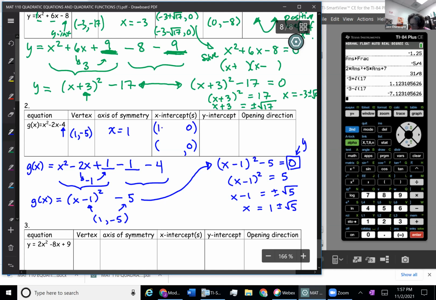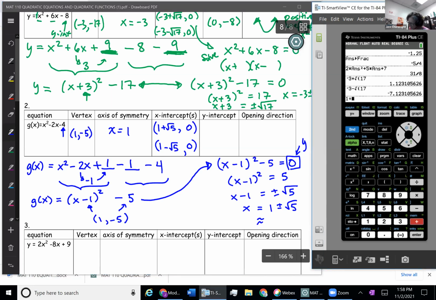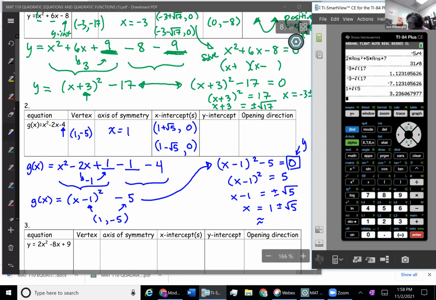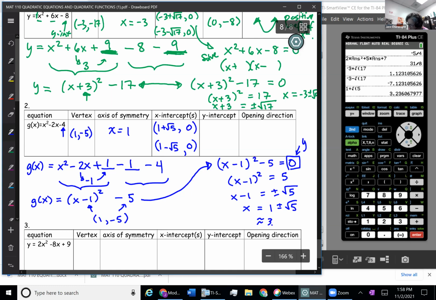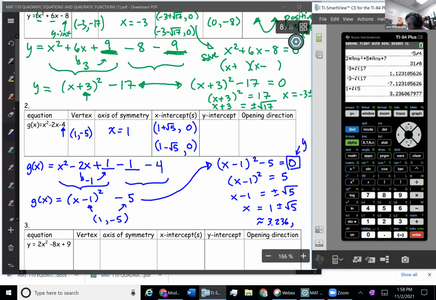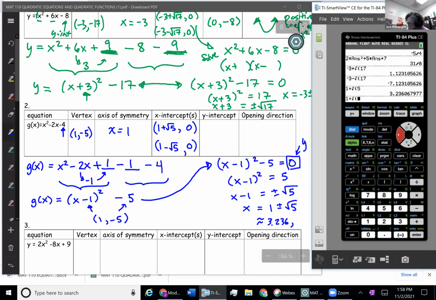We've got 1 plus root 5 and 1 minus root 5. Those would be approximately 3.236, and the second intercept, with a minus, is -1.236.